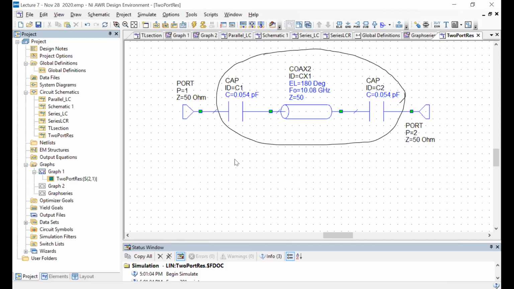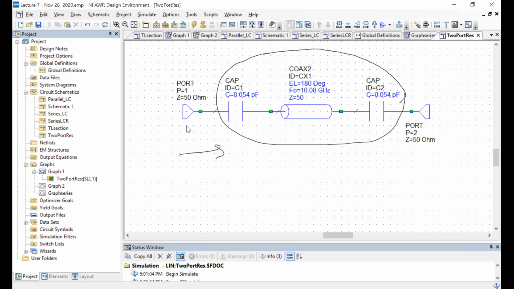But in general, if you have absorption, then all of these powers have to add up and be conserved, right? So if some power is coming in from here, it can now do three things.